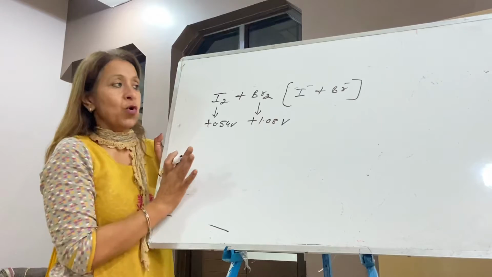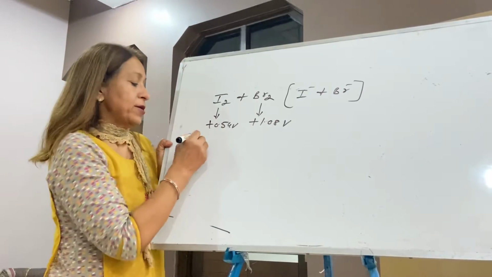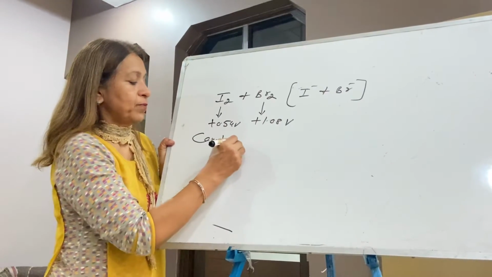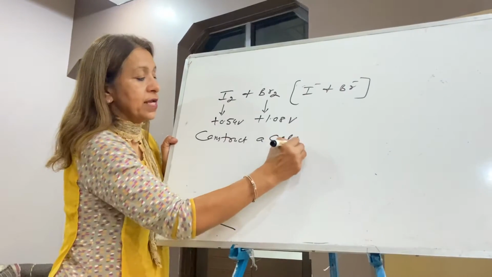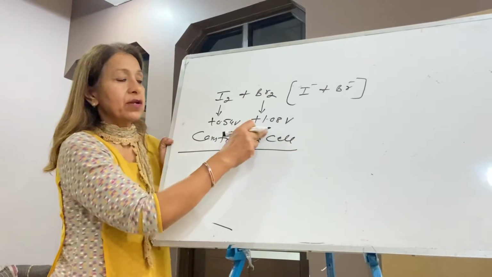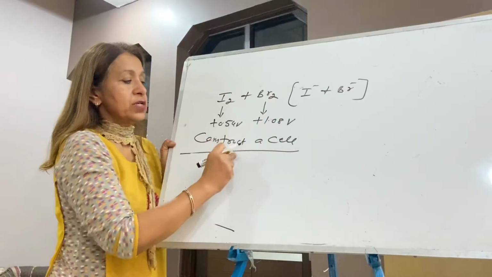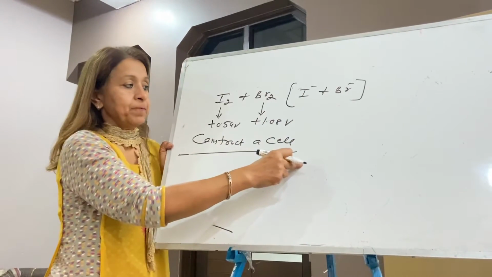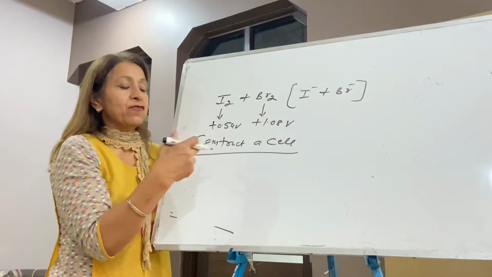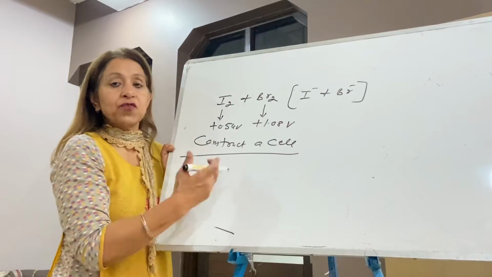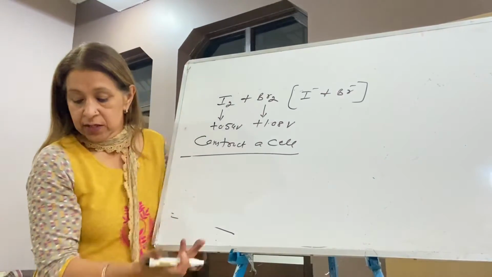I am giving you this homework: construct a cell. E naughts are given, and they are dissolved in these solutions. The question is to construct a cell. This is one of the homework problems I am giving from type 1, construct a cell.